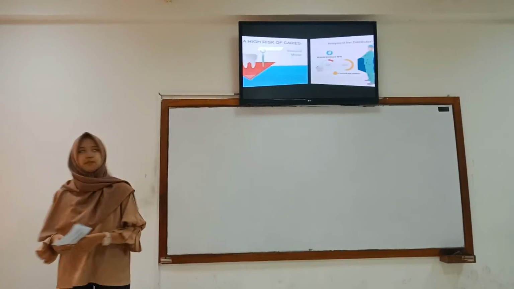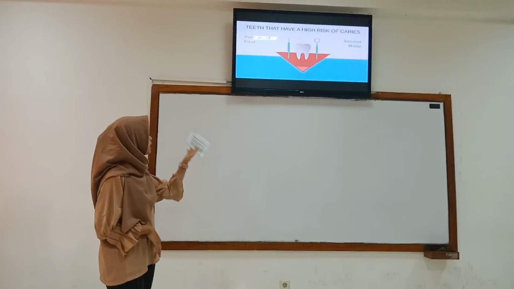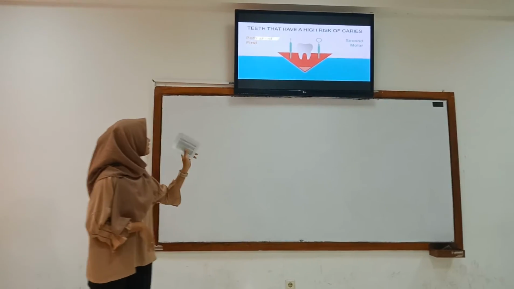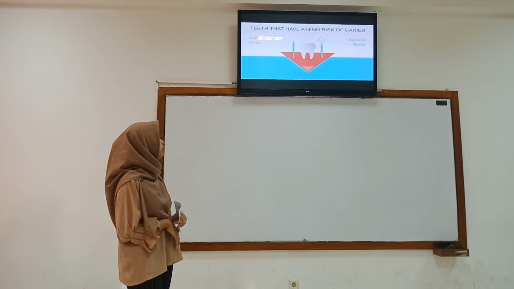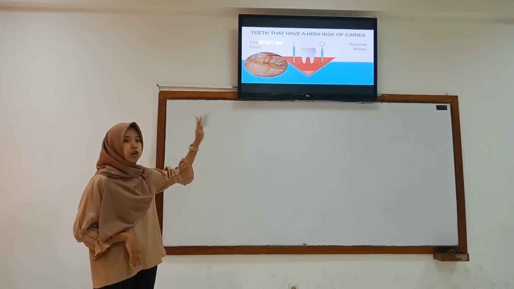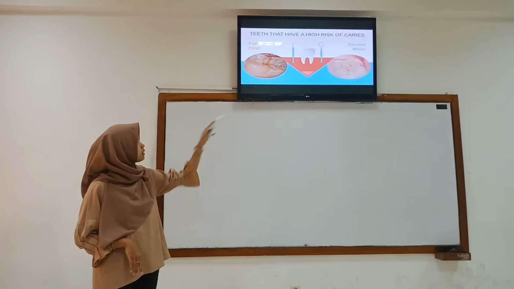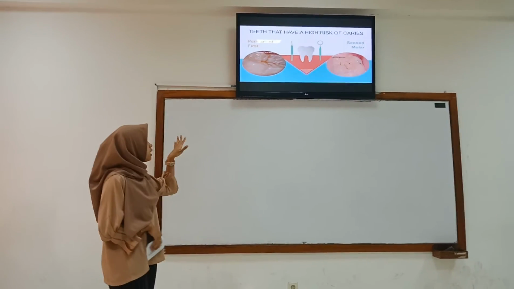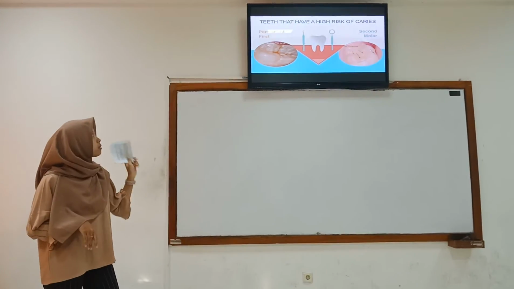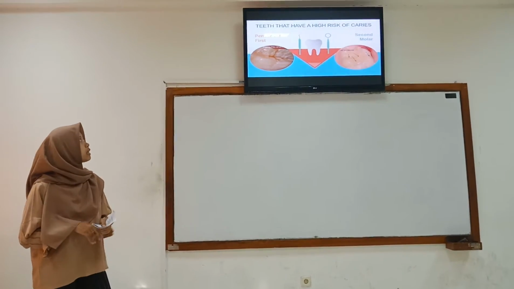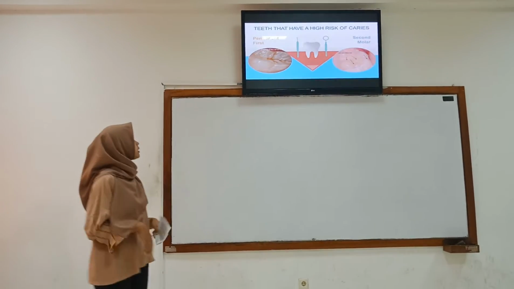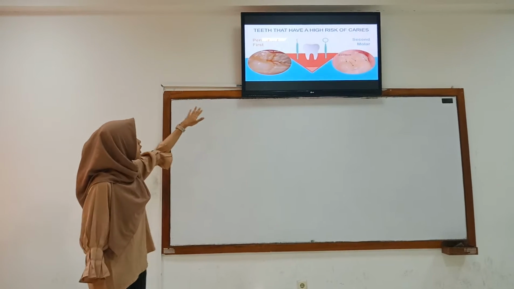Next slide. The teeth that have a high risk of caries are the permanent first molar and second molar. I got this from a journal too. Why? Look at the picture.